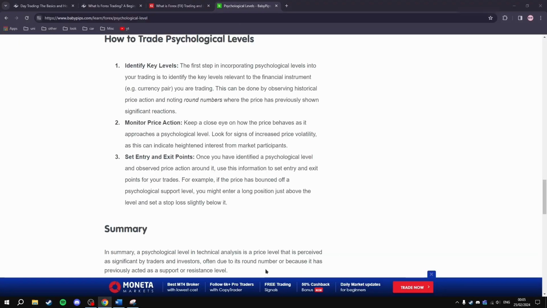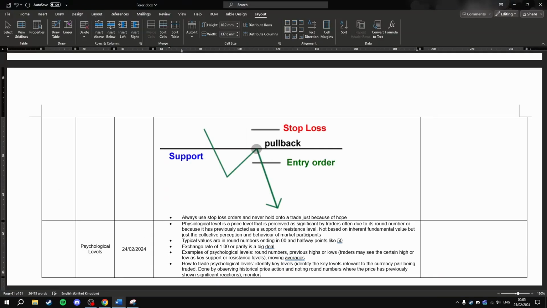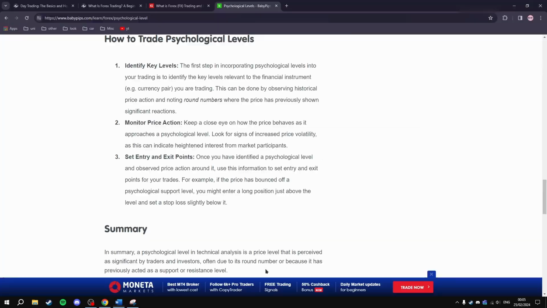Monitor price action. Keep a close eye on how the price behaves as it approaches the psychological level.